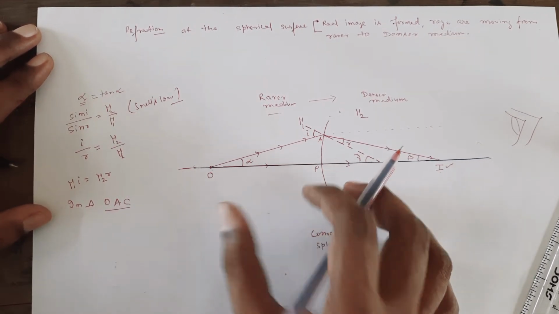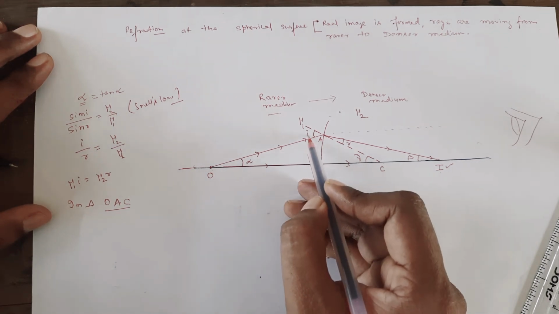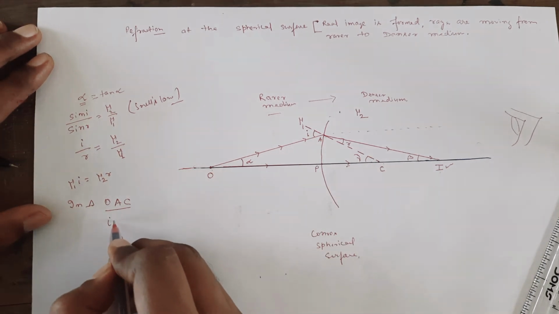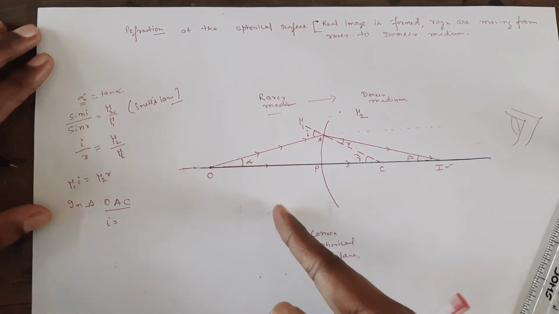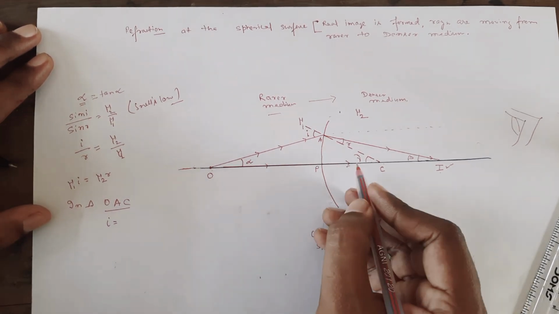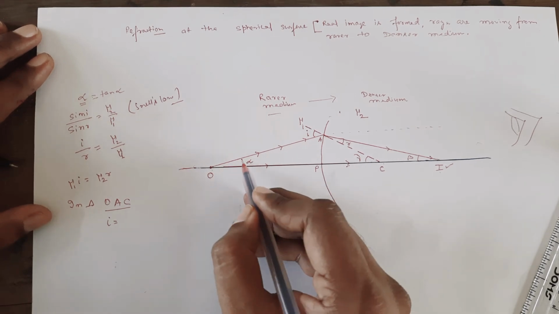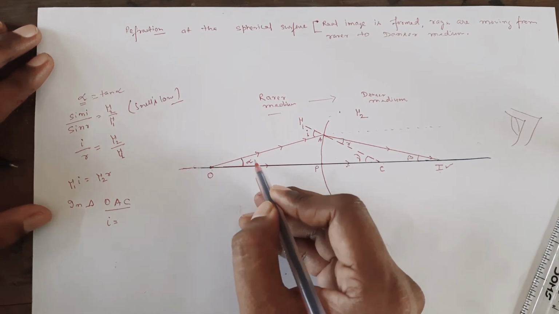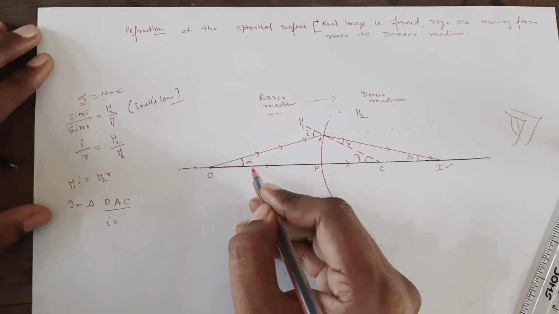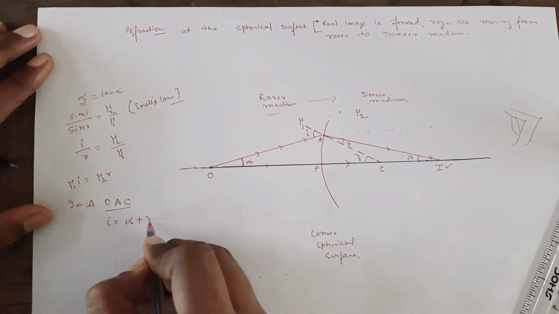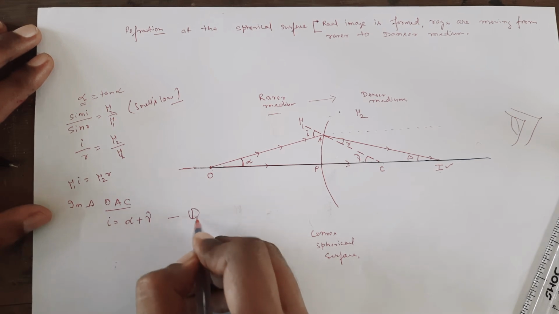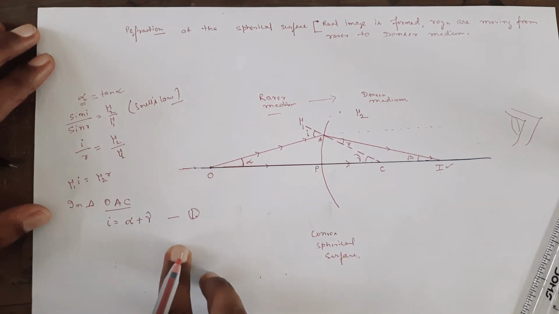Yes, the external angle is this one, I, and you know very well that the external angle of any triangle is equal to the sum of the two opposite internal angles. Here the two opposite internal angles are alpha and gamma. So we will write alpha plus gamma. This is our first equation: I is equal to alpha plus gamma.